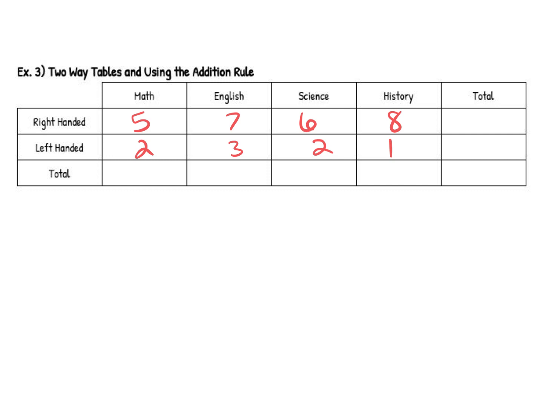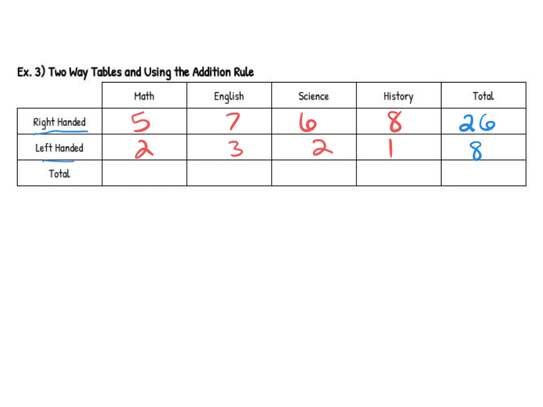Okay, let's try it with our two-way tables. This two-way table has to do with the classes that you like, and if you're right-handed or left-handed. So let's find our totals. The total number of people that are right-handed, we add everything up from this row: 5 plus 7 plus 6 plus 8 will give us 26. Then all the people that are left-handed, 2 plus 3 plus 2 plus 1 gives us 8.